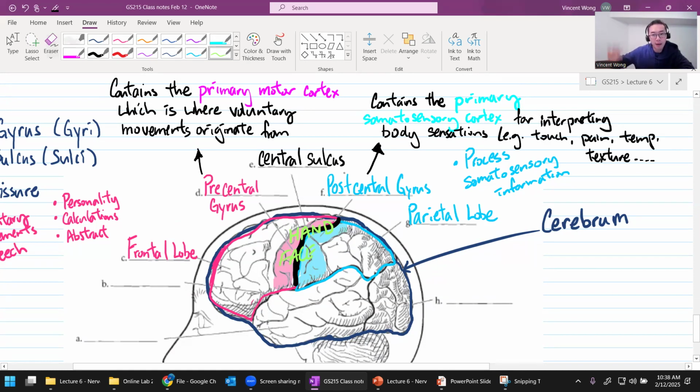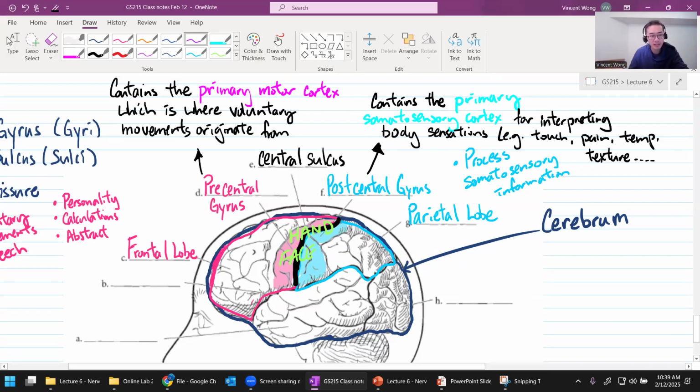So if I want to move my right hand, it would have to originate from this portion of the brain. If I'm feeling things with my right hand, it would go to this region of the brain. If a person has a stroke here, they can still feel the right hand, but they cannot move it. If a person has a stroke here, they cannot feel the right side of the face, but they can still move it.